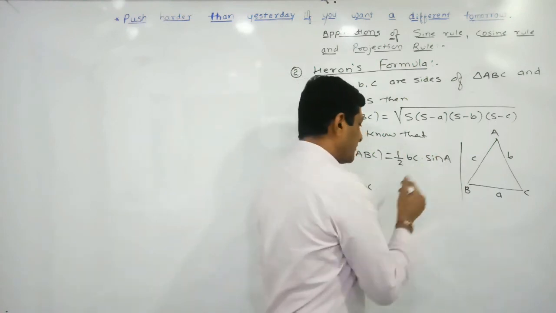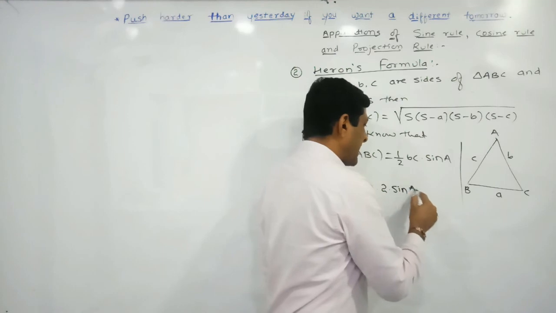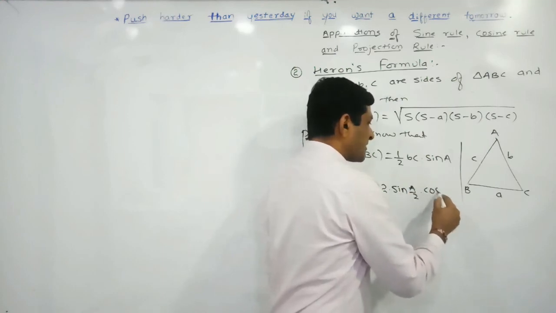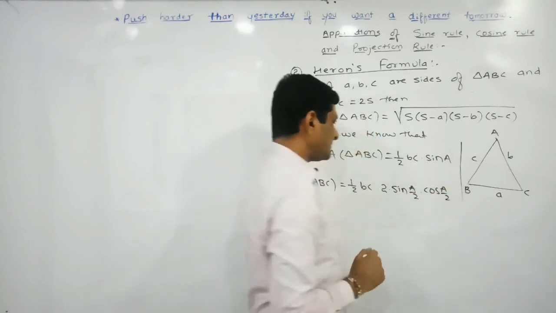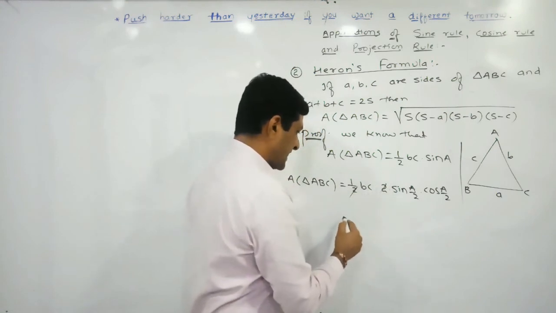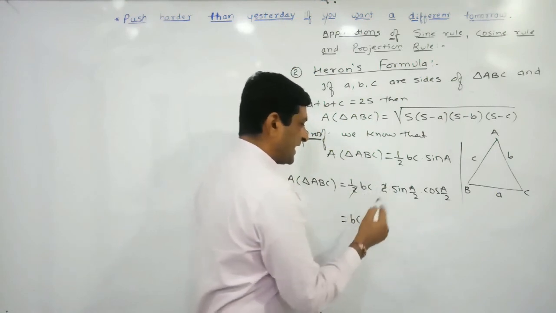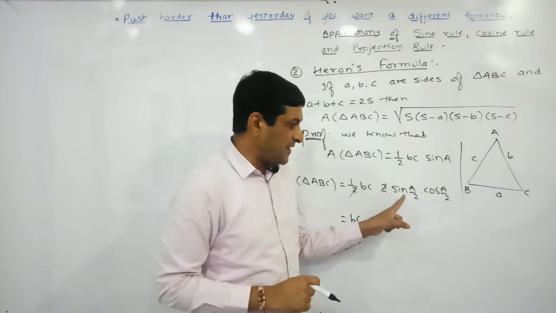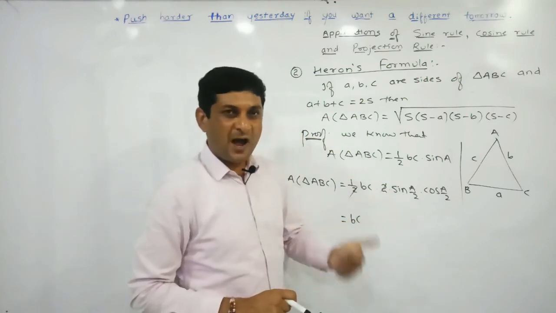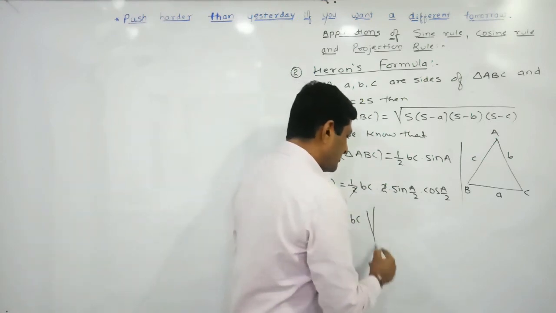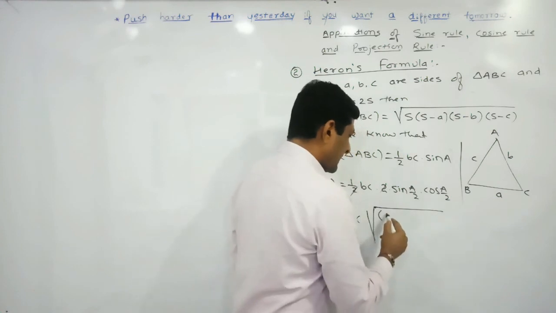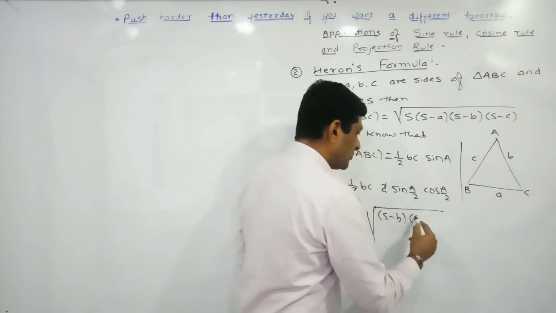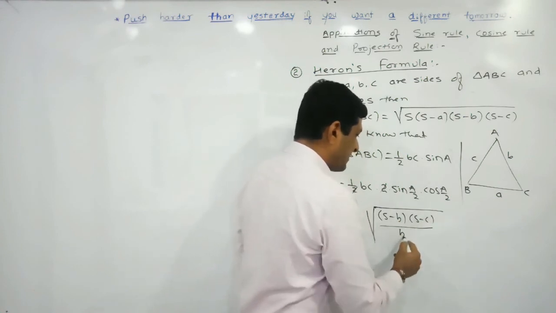According to the half angle formula, sine A can be written as 2 sine A by 2 cos A by 2. Here 2 will get cancelled. So bc, keep it as it is. Now we are substituting the value of sine A by 2 according to the half angle formula. What is that value? Under root (s minus b)(s minus c) divided by bc.